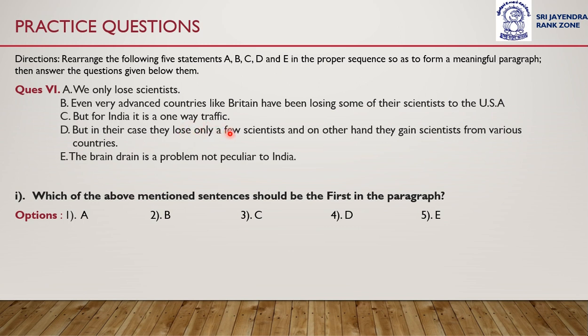But in their case, they lose only a few scientists, and on the other hand, they gain scientists from various countries. The brain drain is a problem not peculiar to India.